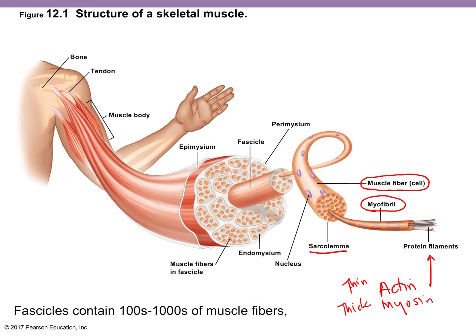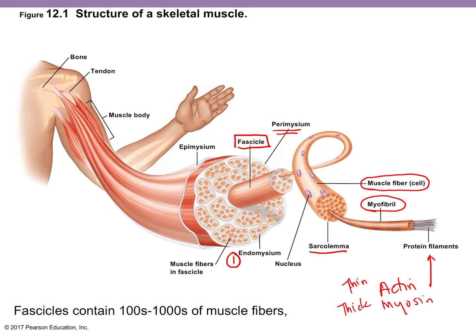Now, it's arranged in this manner where we have many fibers grouped together within a fascicle. A fascicle is an organized unit of muscle fibers. The connective tissue that does this is called perimysium. Between the muscle fibers themselves, and also inside the fascicle, remember we had a connective tissue called endomysium.